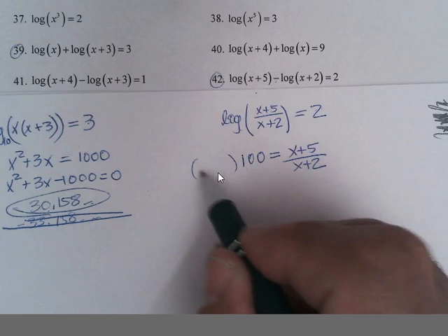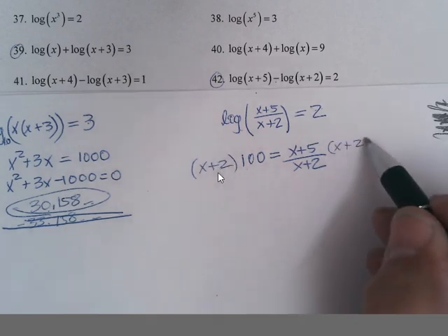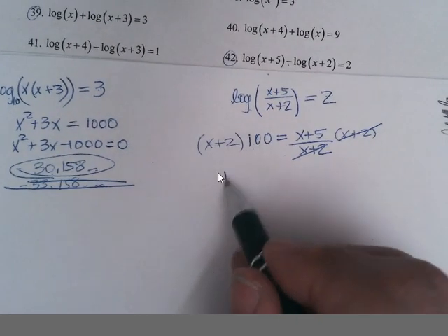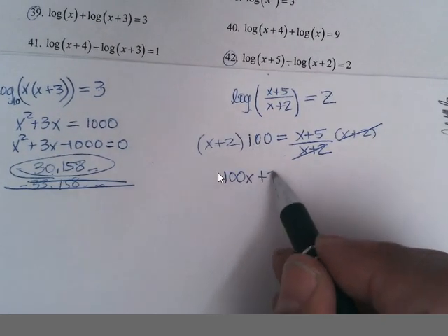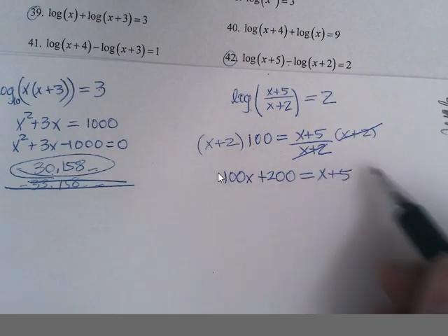Multiply both sides by x plus 2 to get that out of there. So I have 100x plus 200 equals x plus 5.